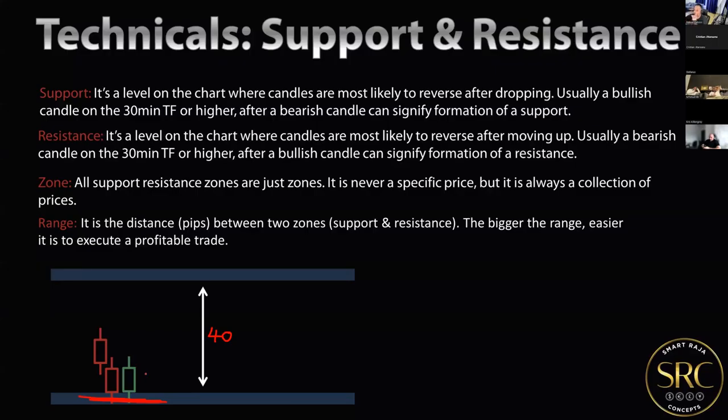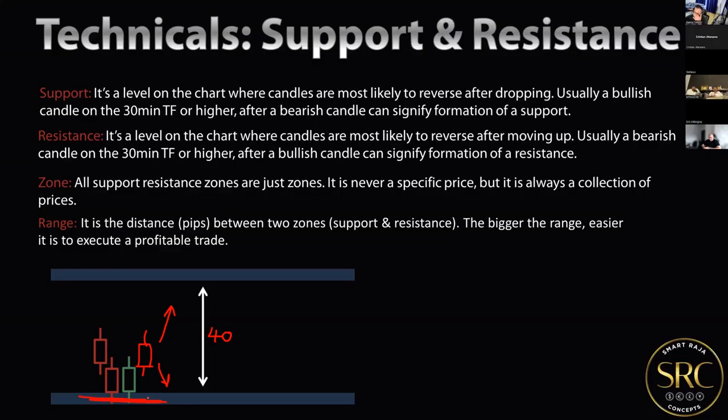But what if this bullish candle was somewhere right here in the middle? Now, can you take a buy at this point if the candle is in the middle of a range? What's the probability that price will continue to go up versus continuing to go down?